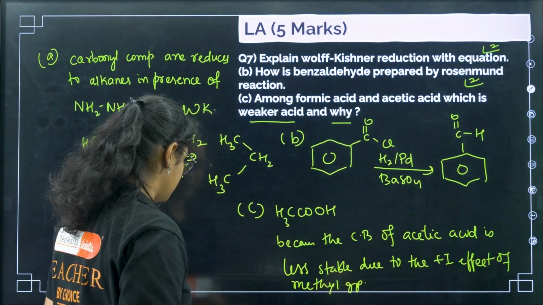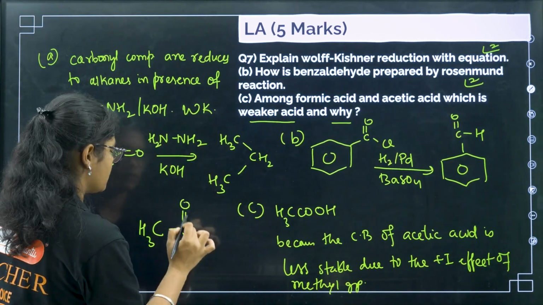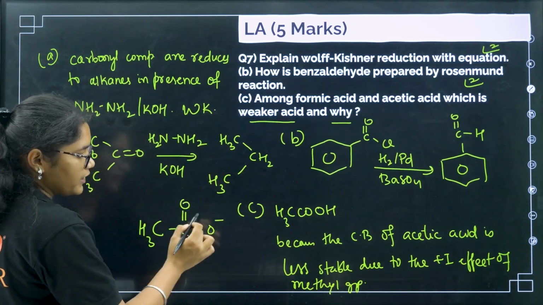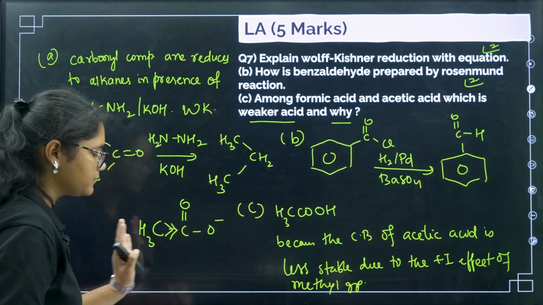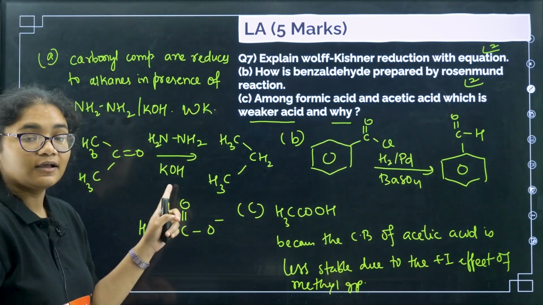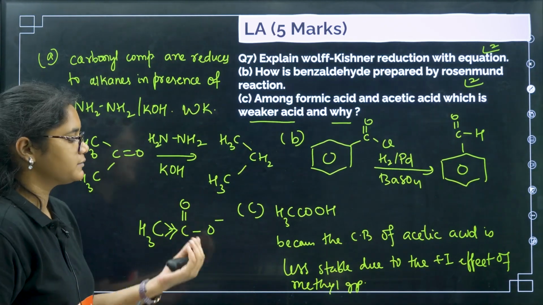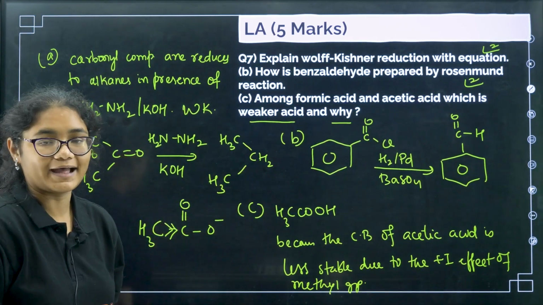See what I am saying, this CH3COO minus is the conjugate base. Now this conjugate base should be more stable, but here this CH3 group is pushing the electrons, plus I effect, and it is destabilizing this conjugate base. So that is why this is less acidic than formic acid.